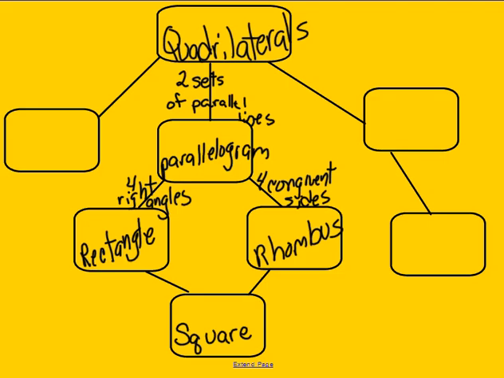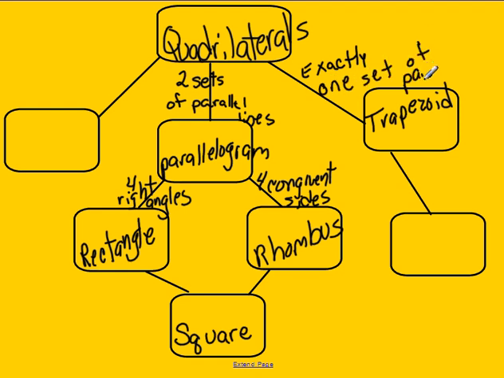Let's go back to our chart and plug these words into this quadrilateral chart that we have. So over here, we're going to have trapezoid. And remember, a trapezoid is a quadrilateral that has exactly one set of parallel lines. And then down below, isosceles trapezoid, I-S-O-S-C-E-L-E-S.